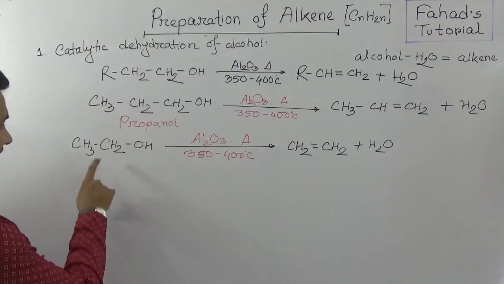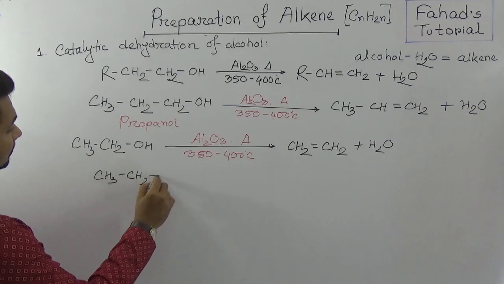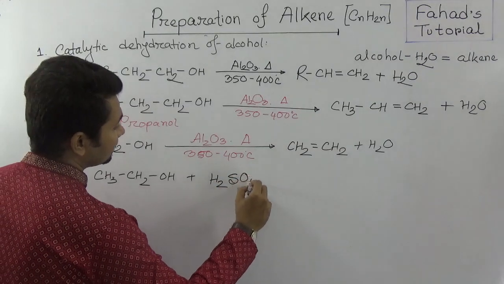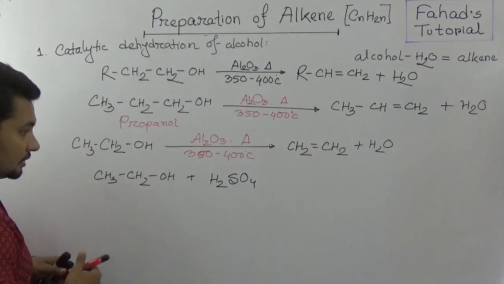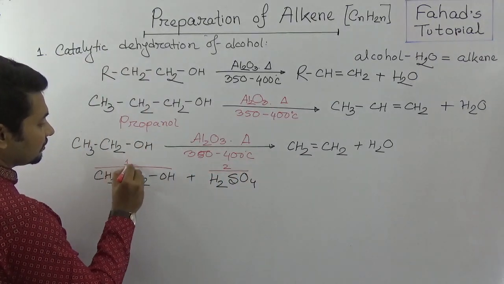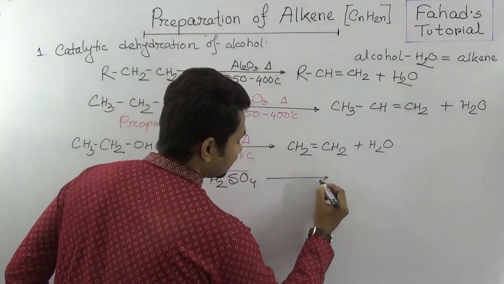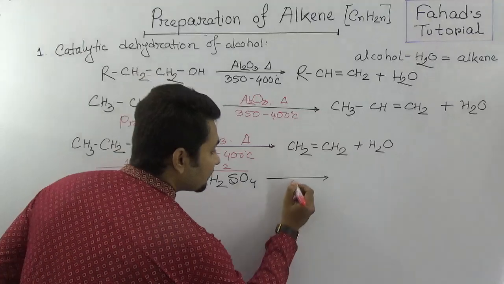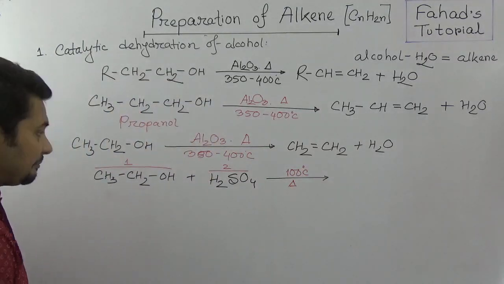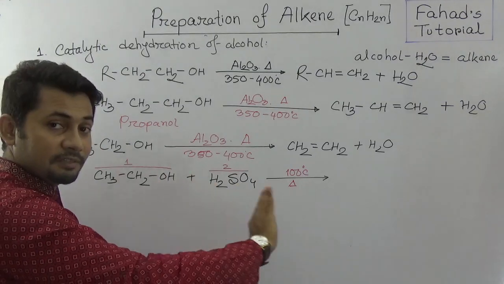In the case of ethanol, CH3 CH2OH, if you are mixing sulfuric acid in a way that 2 molar volumes of sulfuric acid and 1 molar volume of ethanol are mixed and the temperature is 100 degrees Celsius at first, then what will happen? This hydroxyl and this hydrogen will combine and water will be removed.